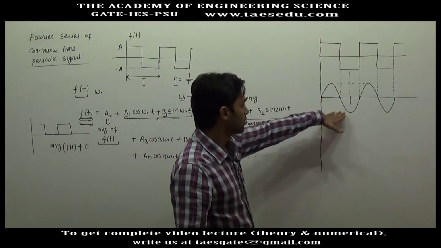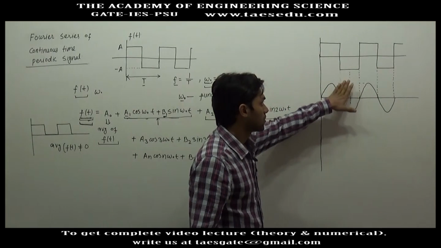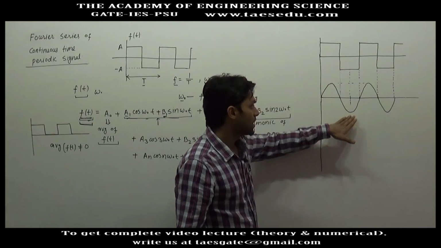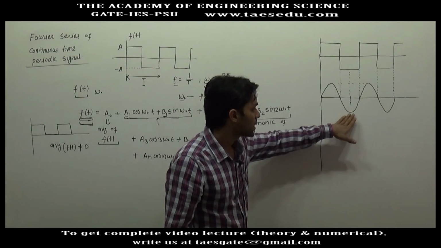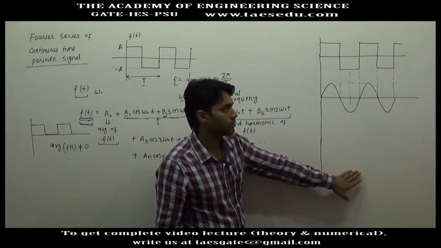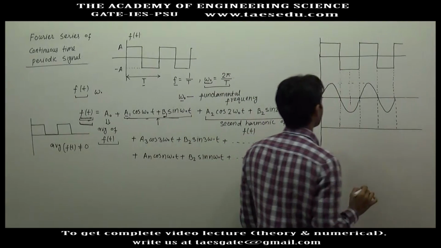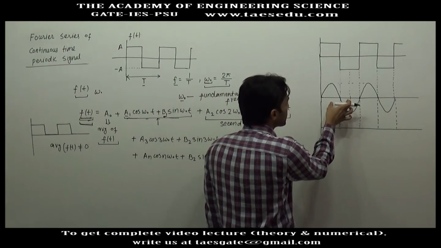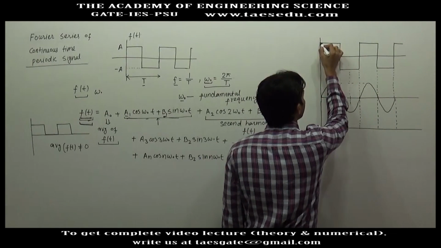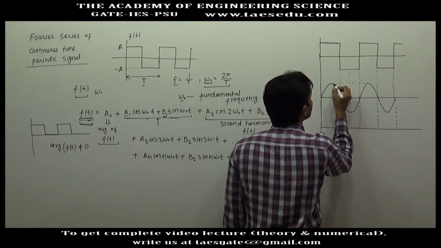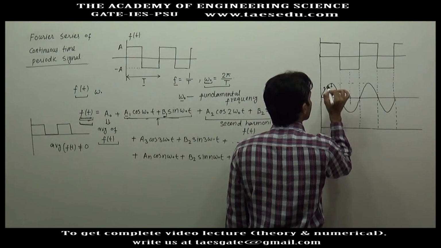Obviously you have one sinusoidal signal and this is not equal to the square wave. So you will have to add more sinusoidal components, such that by adding them all you get a square wave. How can you make it a square wave? In the square wave you have constant amplitude, so you have to lower this peak and increase this part.